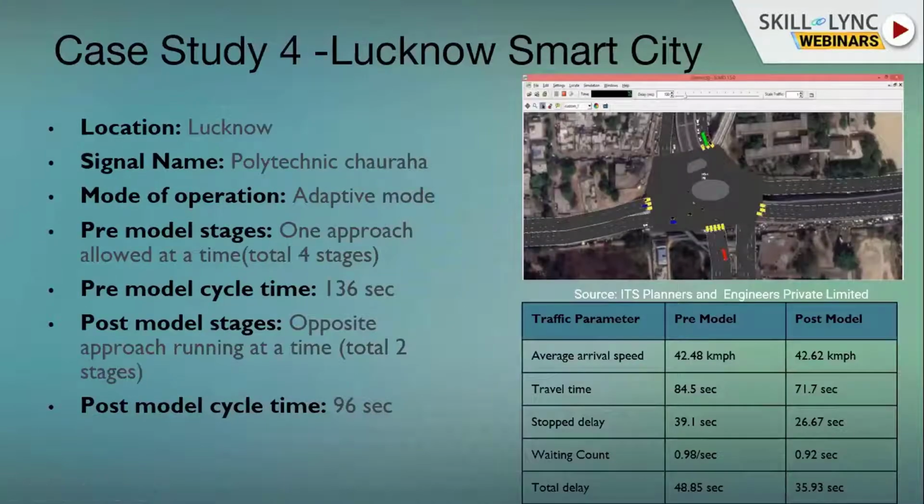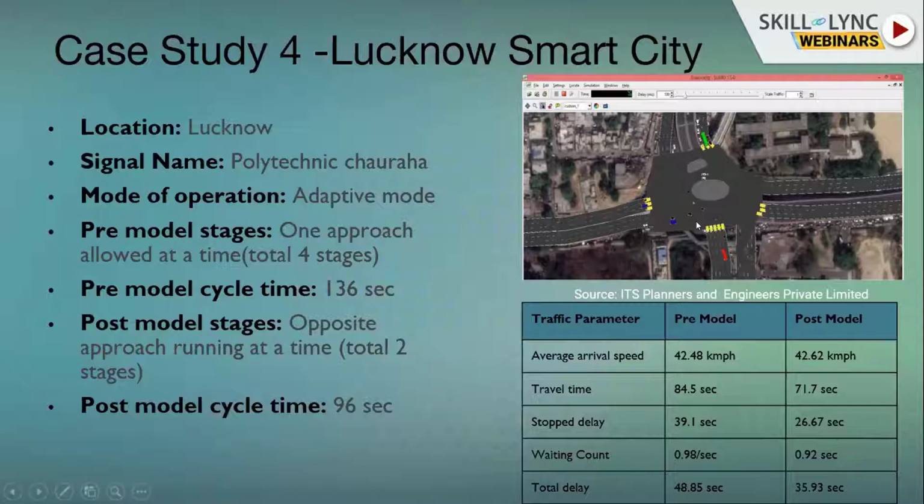And coming to the adaptive mode based on traffic simulation, simulation is basically the imitation of a real world scenario. As I have mentioned, if you can imitate a road network and the number of vehicles coming on it, why can't you imitate the signal timings? So my fixed signal timing has given me 136 seconds at that particular junction, but my adaptive cycle has given me 96 seconds when I run the simulation.